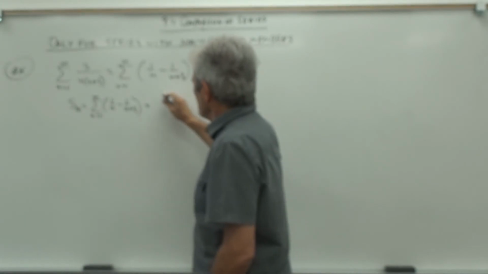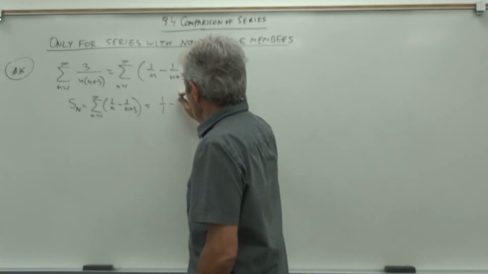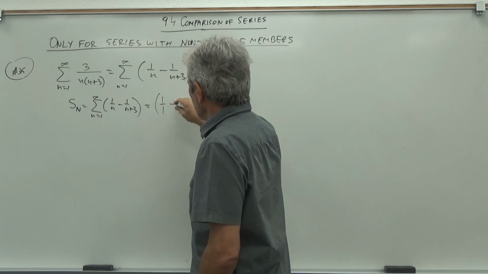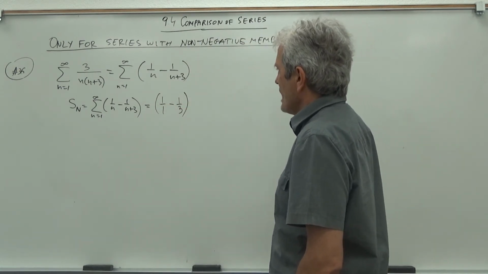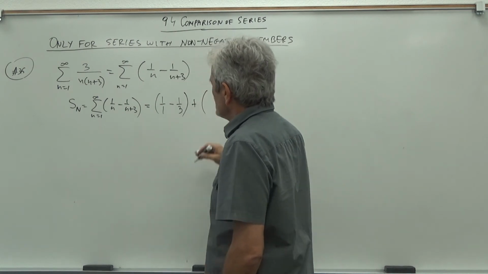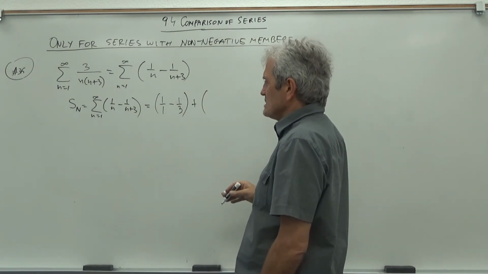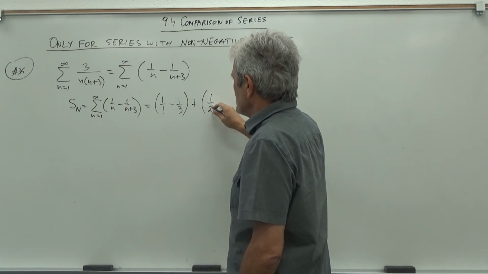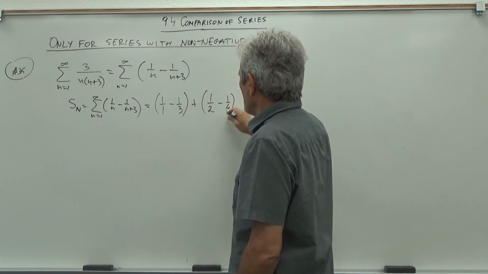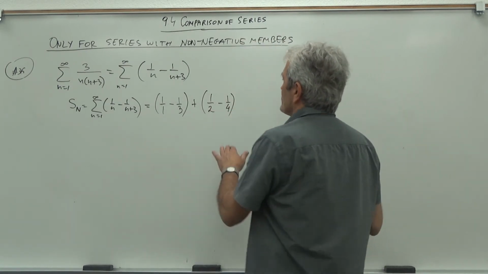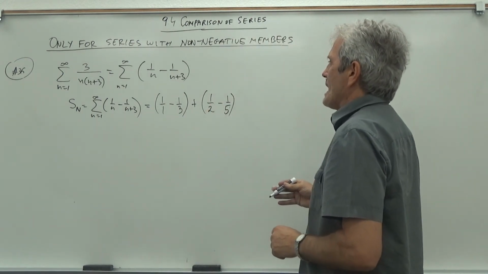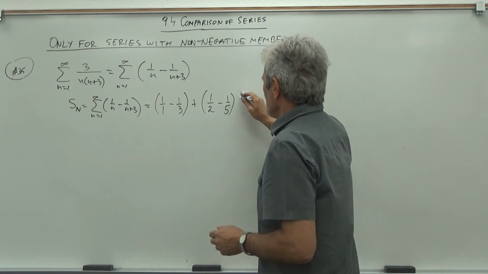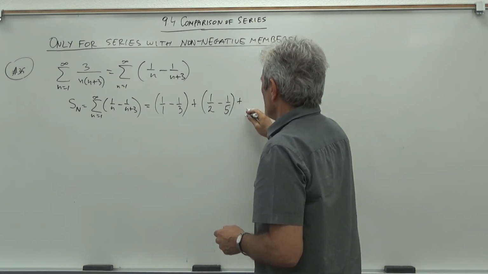So what would that be? It would be 1 over 1 minus 1 over 3. Plus, I'm not going to cascade yet, so this is 1 over 2 minus 1 over 4. No, 1 over 5, sorry. And then plus, now I will cascade.